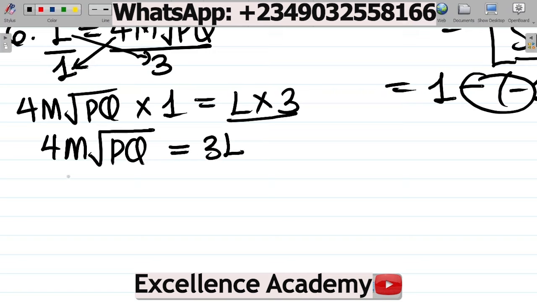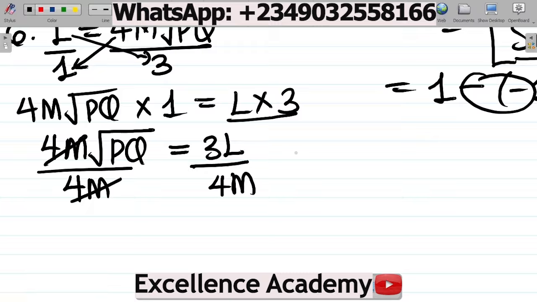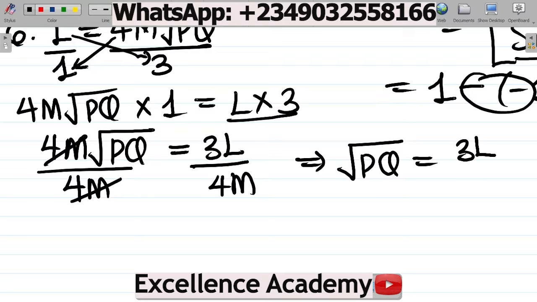We want to get Q, so divide here by 4m, divide here by 4m. So this cancels this. So we have that root of PQ is equal to 3L over 4m.